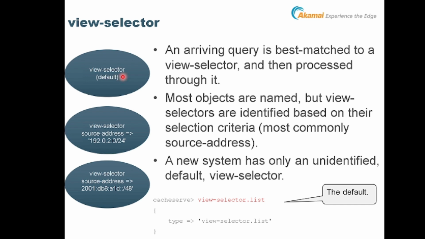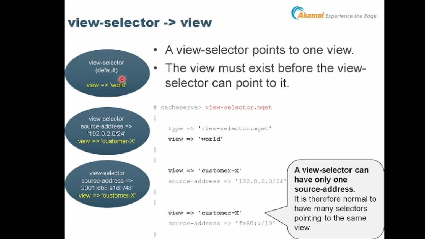So this view selector, its job in life is to filter and then point that query, that inbound request, to a view. The required parameter or property of a view selector, even for the magic view selector, which has no filter, is that it does have a view.